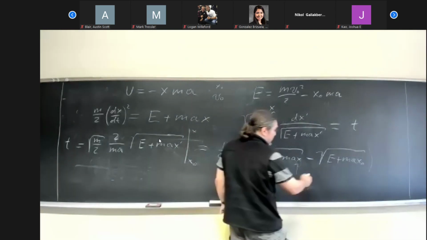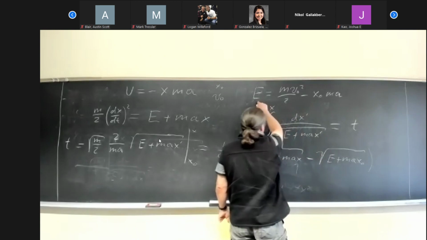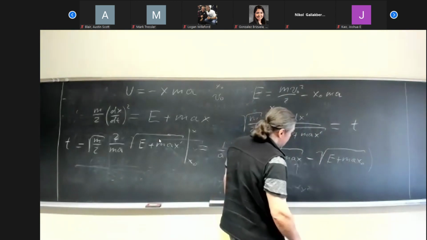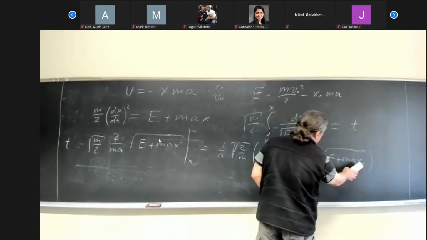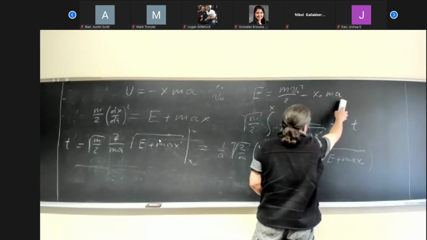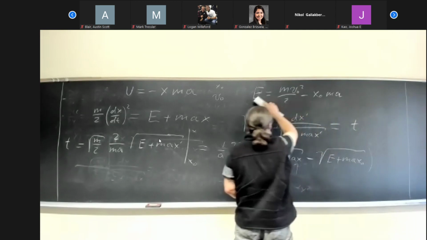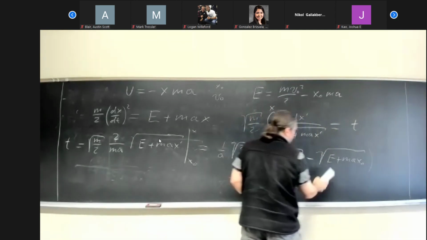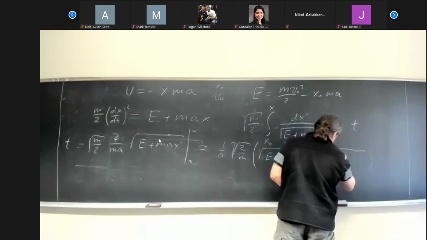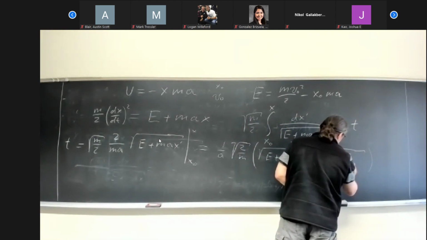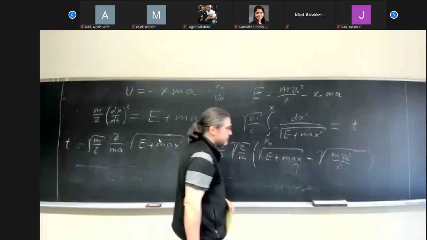So let's first use in this expression our E. You can see that E plus m a x naught just means that I take this x naught m a and move it to the left-hand side. What I have here is the square root of m v naught squared over 2. Right?